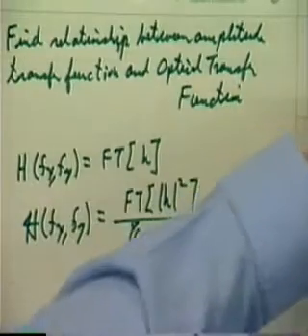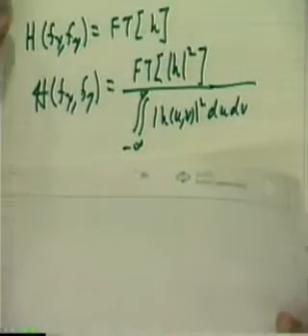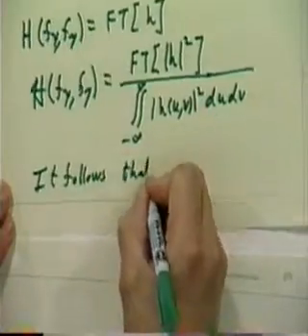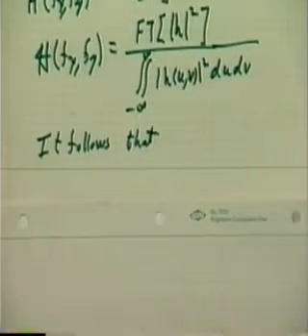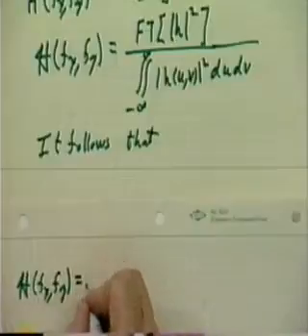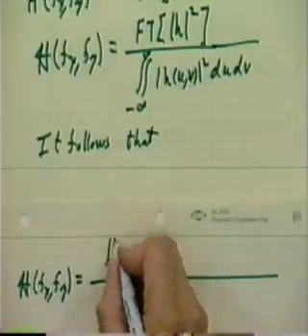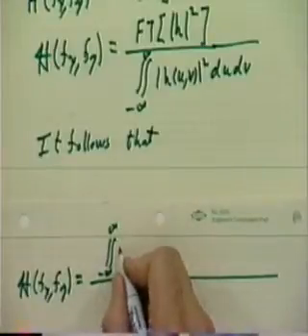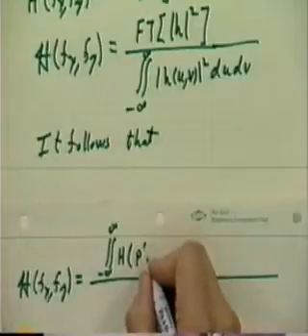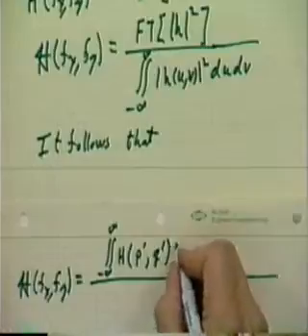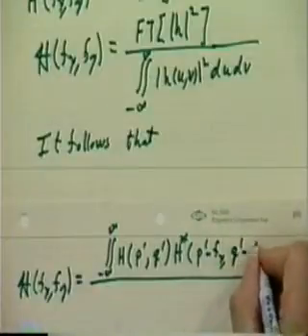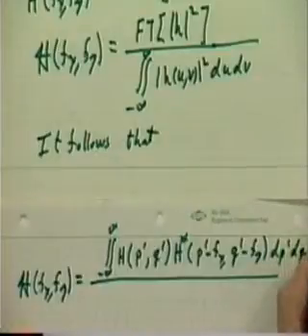Okay, so if that's true, it follows that the incoherent transfer function is equal to the integral of the coherent transfer function, with variables p prime and q prime, times the complex conjugate of H of p prime minus f sub x, q prime minus f sub y, dp prime dq prime.